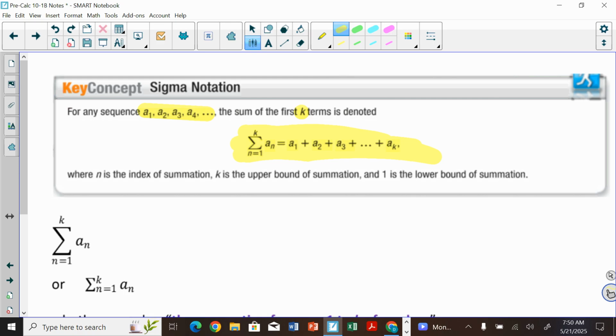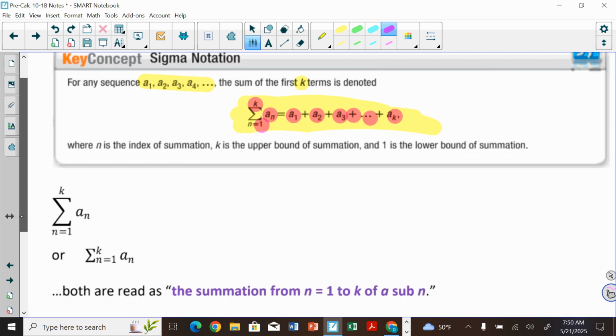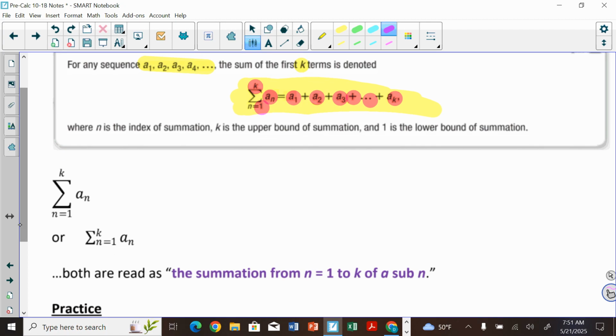So that basically means we're going to take the sum, for all of a sub n, whatever that function is, we're going to do the first term, because that's the first one, all the way up to whatever the k term is here, the last one. Okay, so it's just another way of writing it and another symbol. And basically you do the same thing. You add up the number of terms they're asking you for. Okay, so again, this might look like this.